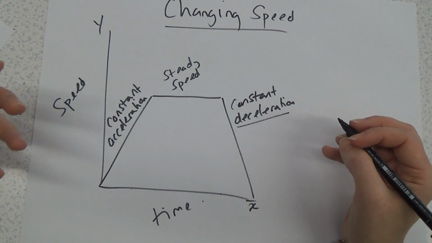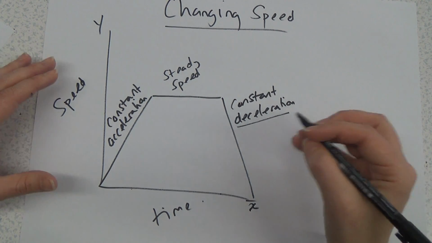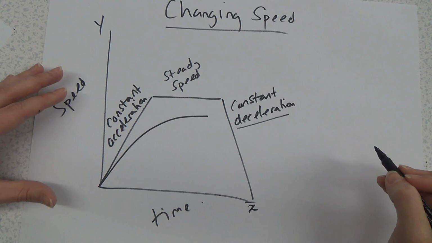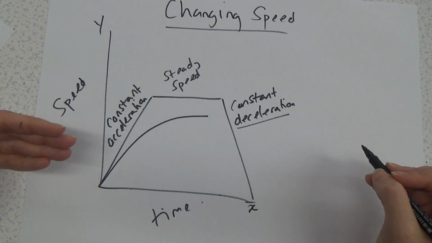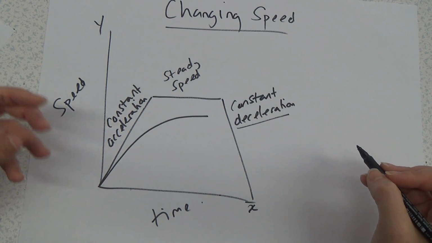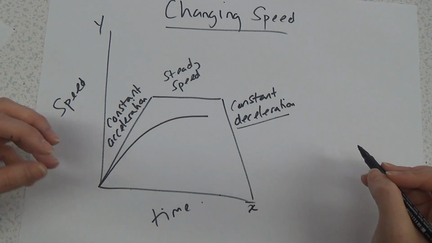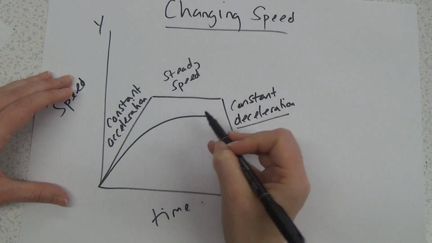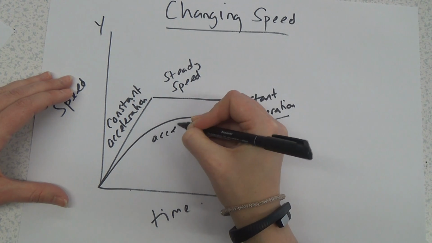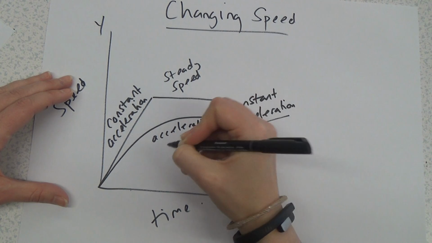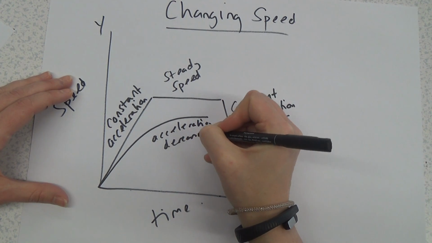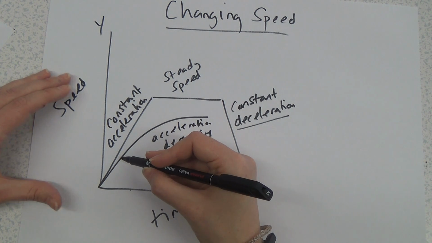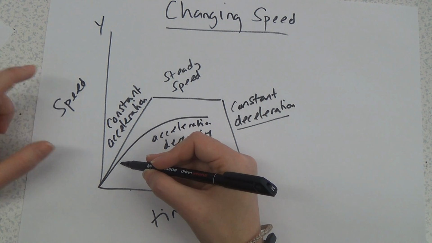You may also get lines that are slightly different on your graph. You may get a line like this, for example, with a curve. That's basically non-uniform. A straight line is a uniform acceleration, and a curved line is non-uniform. If it goes in this direction, that is because the acceleration is decreasing. You may have started out going at, let's say, 5 meters per second.